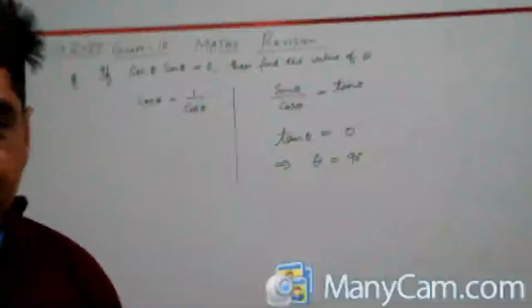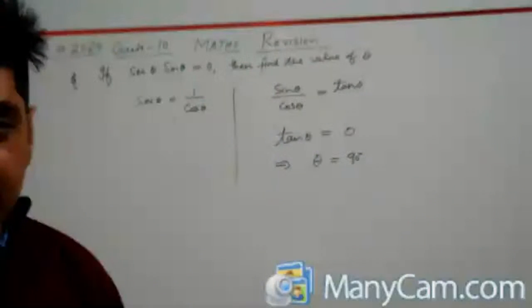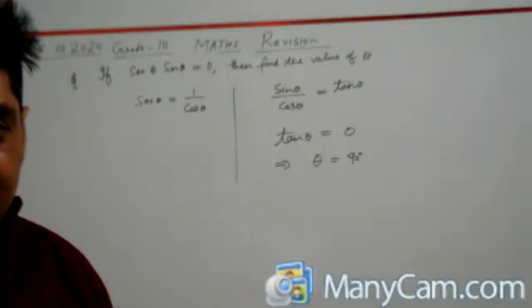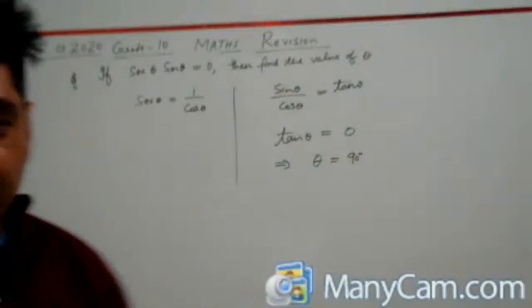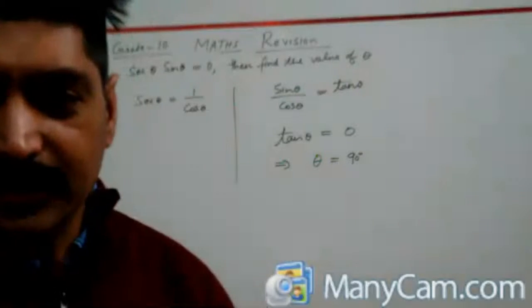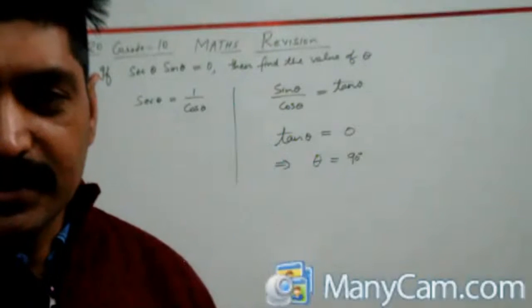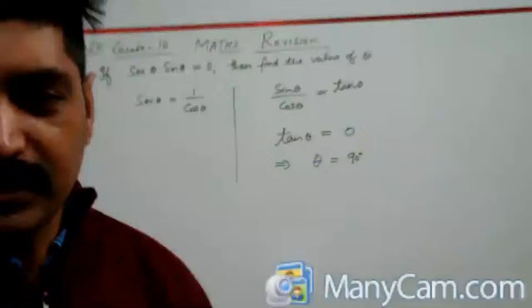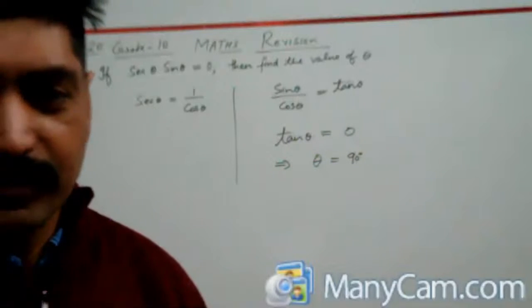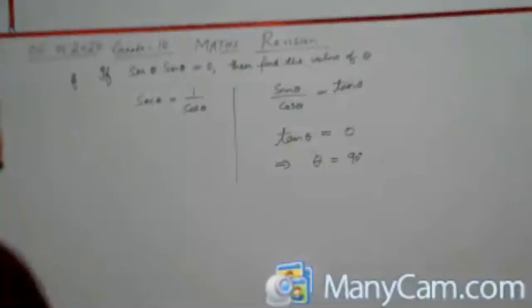Tangent theta, sin theta is equal to 0, and theta is equal to sin 90. Hence theta is 90. How are you writing sin theta is equal to 0? Sin theta is 0, then this is secant theta.